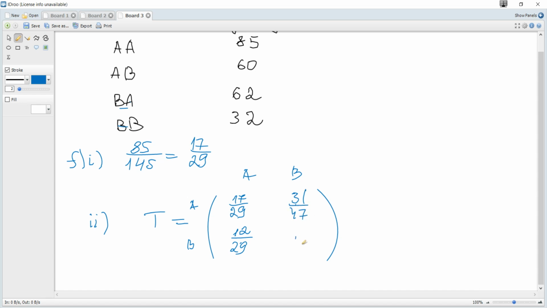And then it can be found as 1 minus this, and it's 16/47.